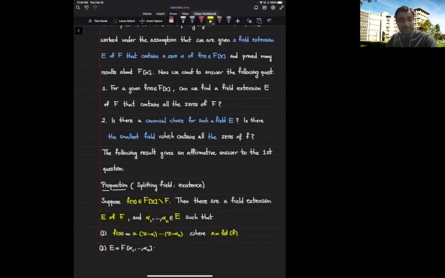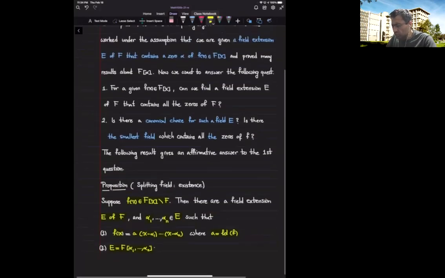So first of all, I can decompose f completely into linear factors over this larger field. And second, this larger field itself is generated by F and these roots alpha i's.